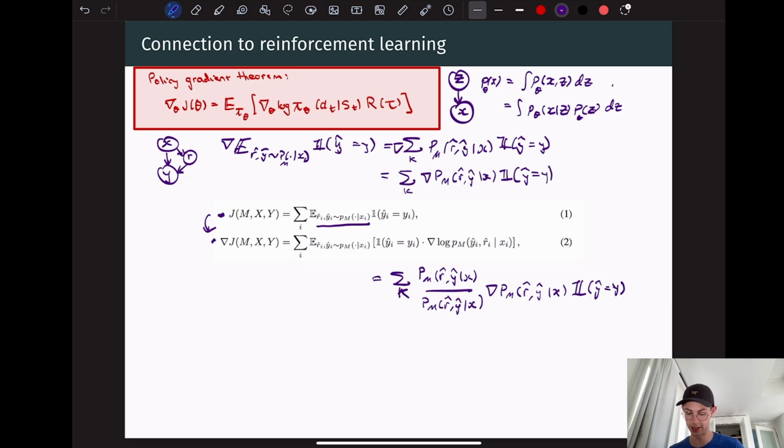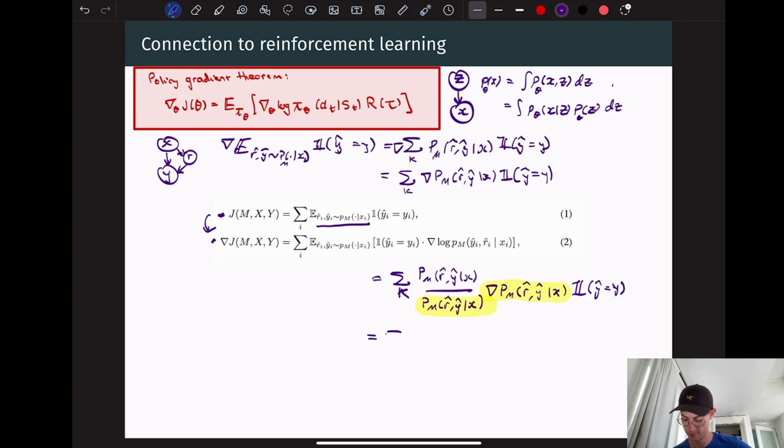So now that we have this, we're going to use the log derivative trick. The log derivative trick says that the gradient of the probability of r hat and y hat given x, over just the probability of r hat and y hat given x, is equal to the gradient of the log of this.